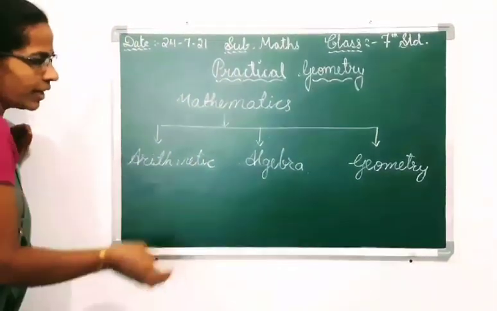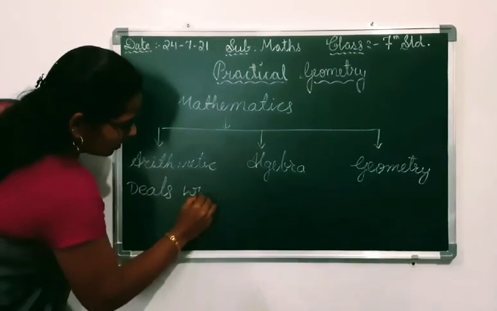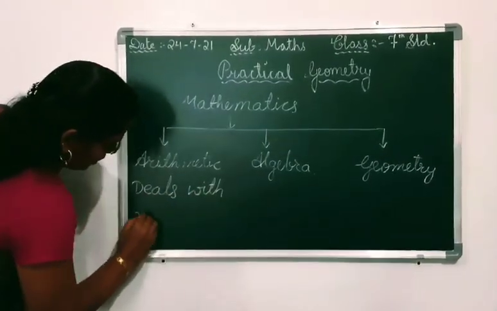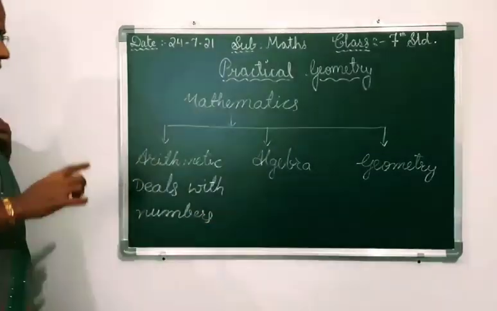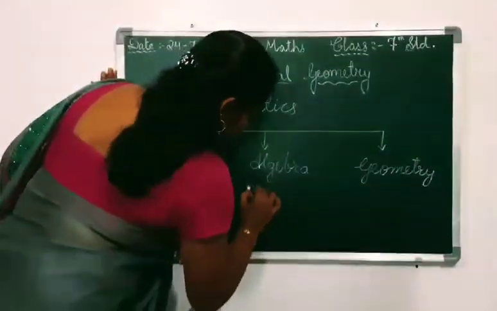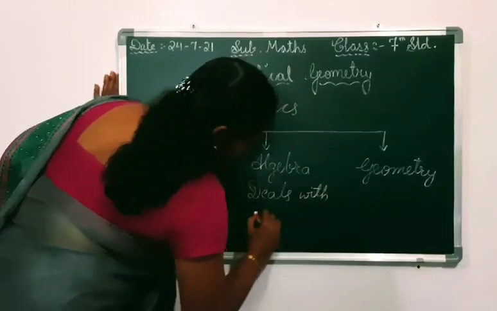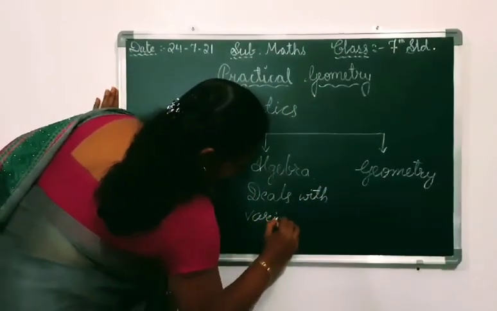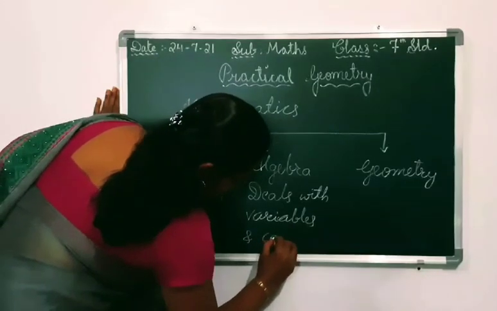Arithmetic deals with numbers. Children, arithmetic deals with numbers, and algebra deals with variables and constants.